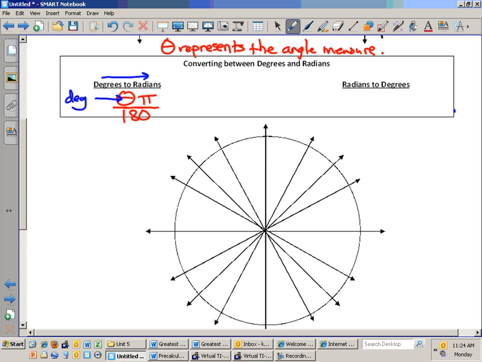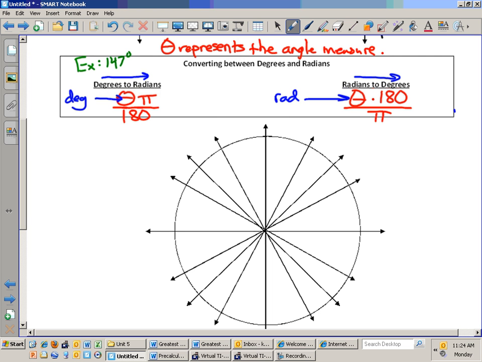So the second piece is I move from radians to degrees. In order to do that, I would take theta, multiply it by 180, and divide it by pi. And here, because you're moving from radians to degrees, theta would be in radians. Now, if you're expressing something in degrees, you might see an example of, say, 147 degrees.